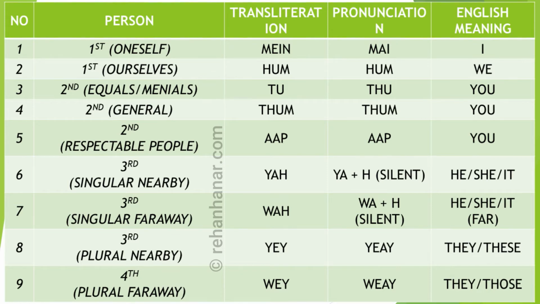These are the four words for third person. I once again tell you the persons. Main, I. Tu, tum, aap, you. Yah, vah, ye, ve. This is for third person.